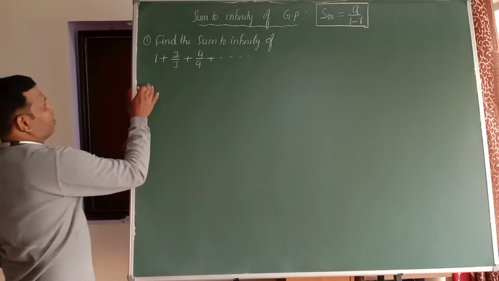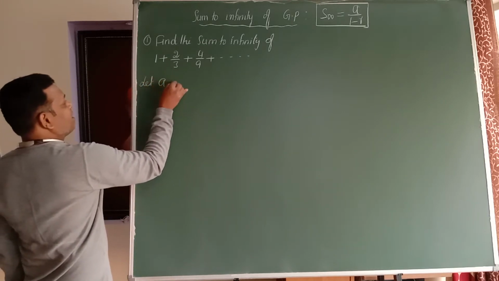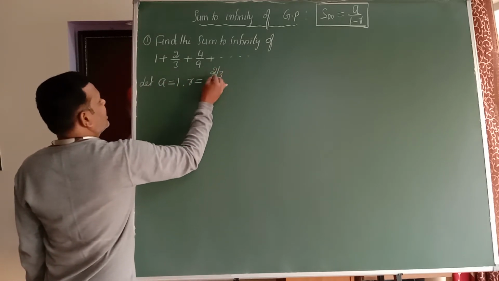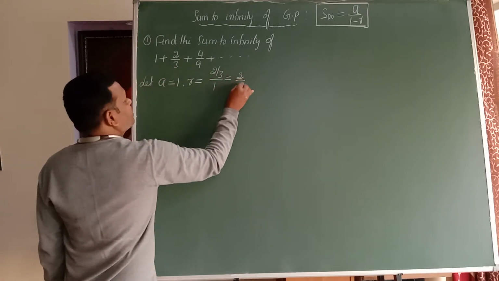Here, identify the first term. Let the first term A be equal to 1, and the common ratio R is equal to T2 by T1, that is 2 by 3 divided by 1, which is 2 by 3 itself.